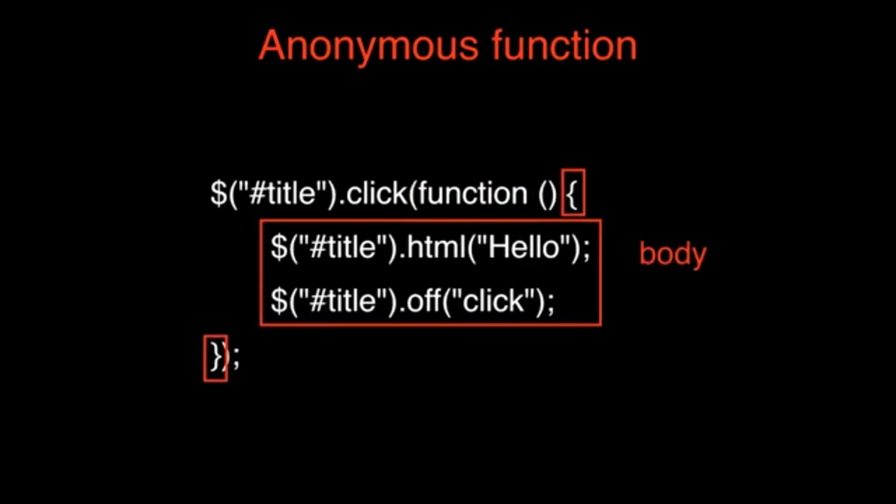We have the body of this function. The body of this function is, as I said, defined directly inside the parentheses, the brackets, which contain the arguments of click. And we can put whatever code we like in it. Very strange to someone from many other programming languages, but very much the way JavaScript works. And you see this kind of way of writing throughout JavaScript code.